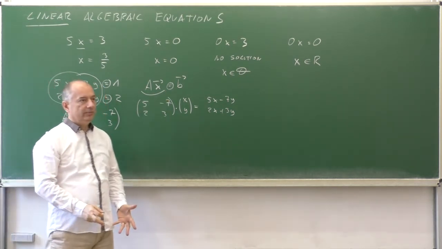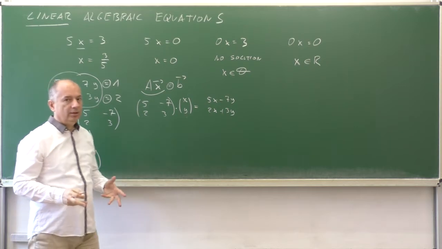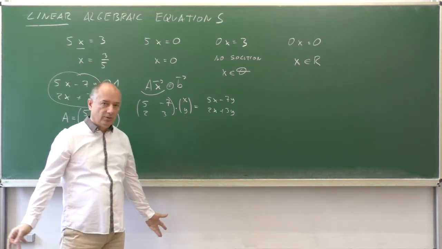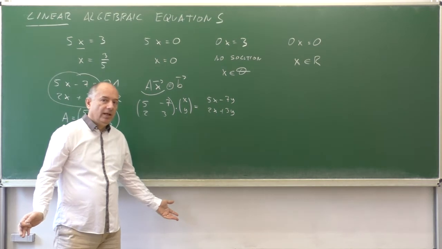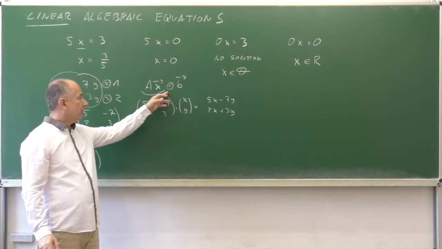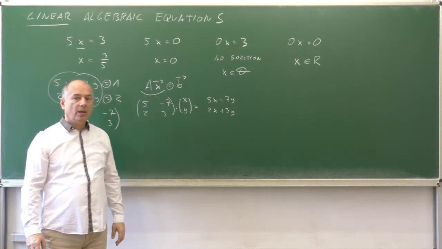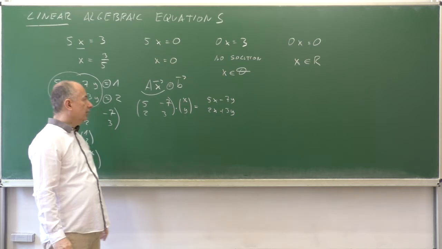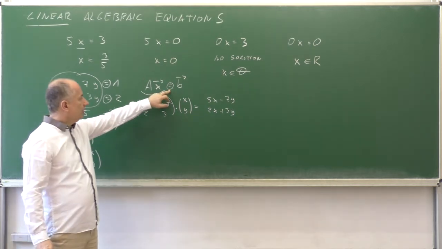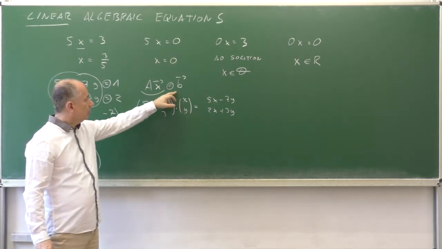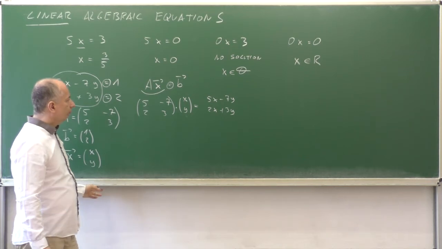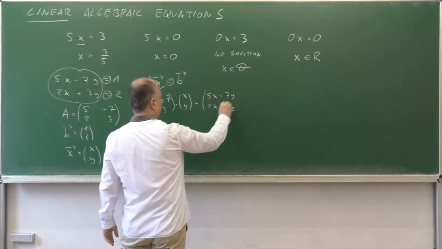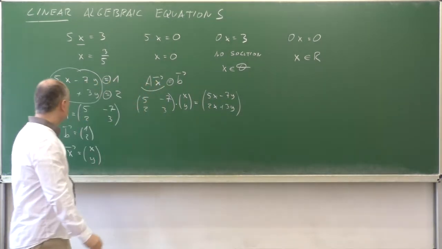So actually, we should write a different graphical symbol. Unfortunately, in mathematics, it happens now and then that we use the same graphical symbol for different meanings. So this is equality between two vectors, and this is just between two numbers.